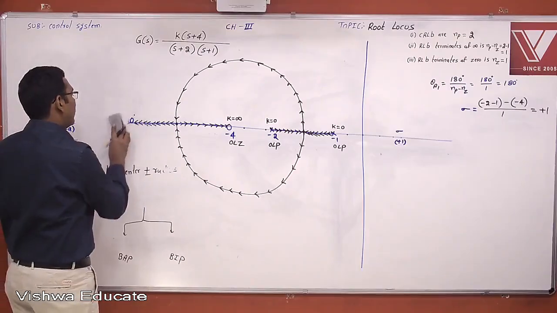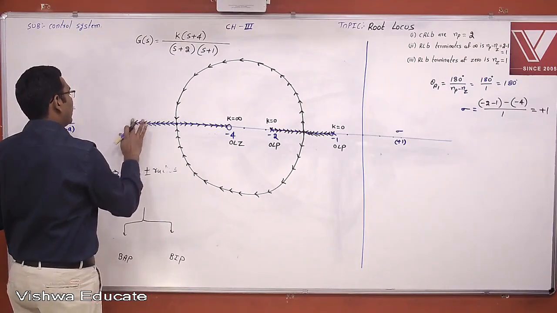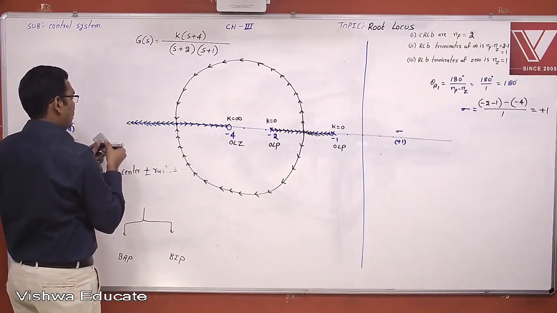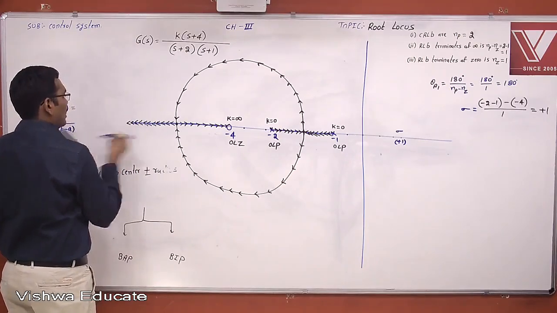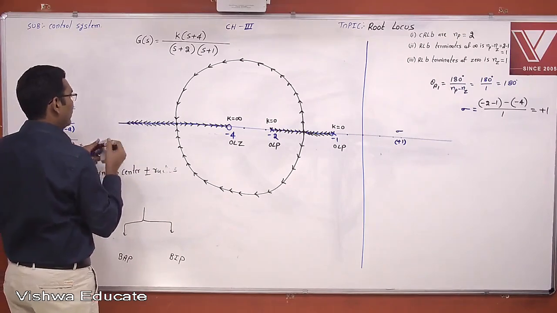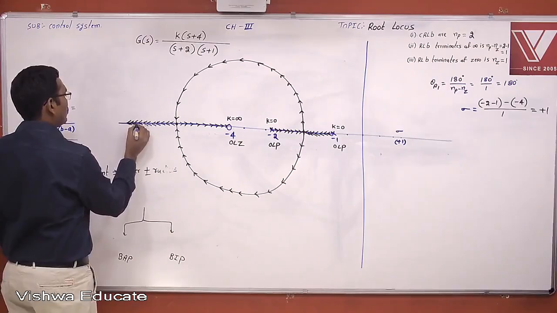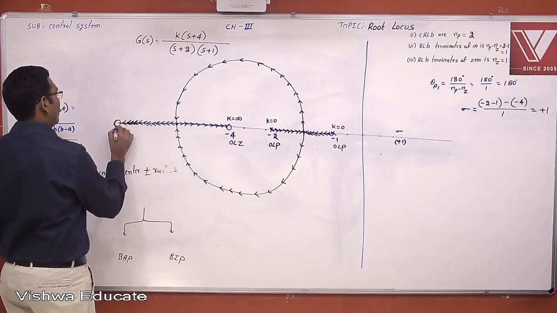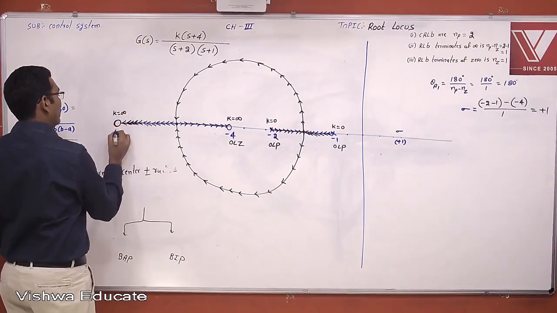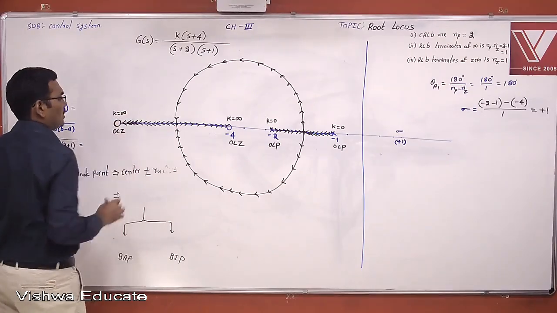Now what is the angle of asymptote saying? It is saying that now we have 1 zero here. The angles of asymptotes are for the root locus branches which approach infinity. As k is changing, the closed loop pole is moving, and this root locus branch terminates with k equal to infinity, terminates with the open loop zero.